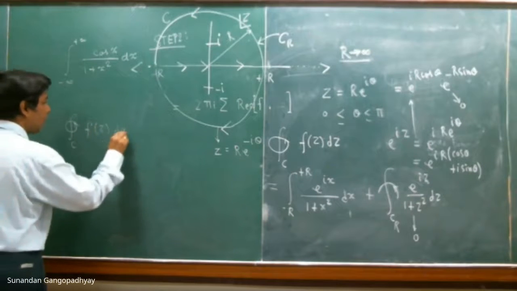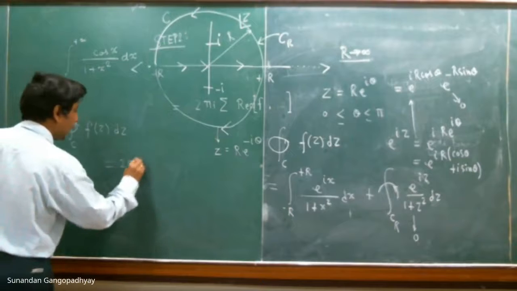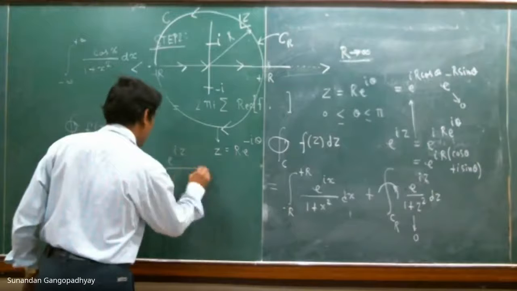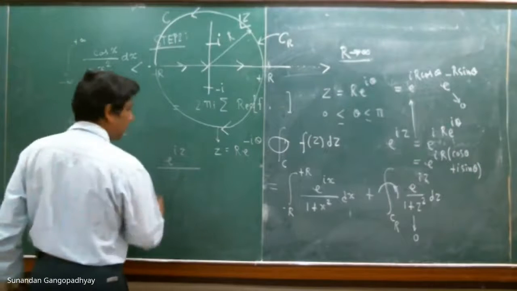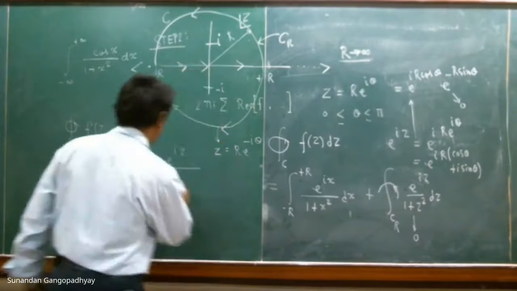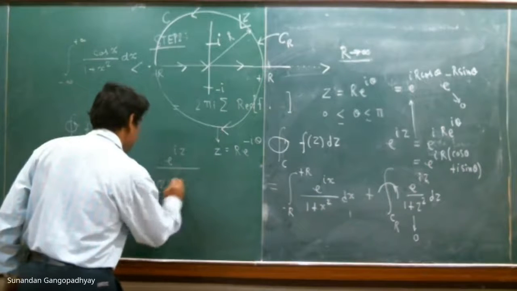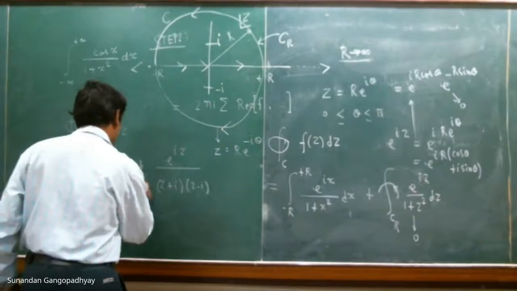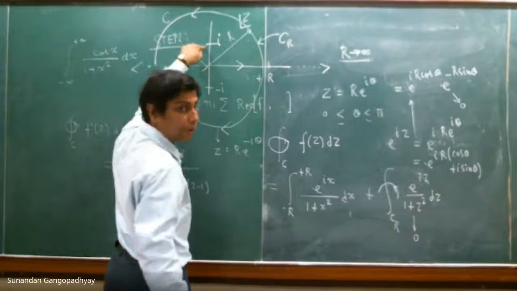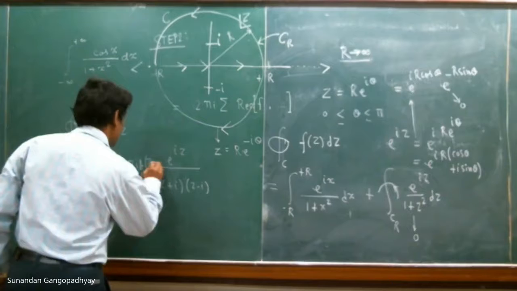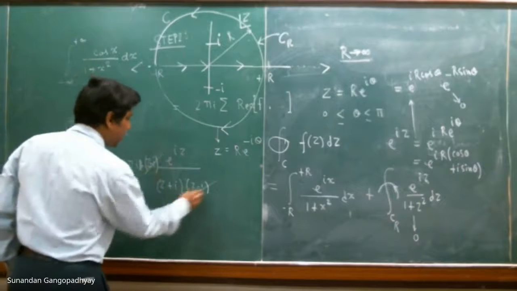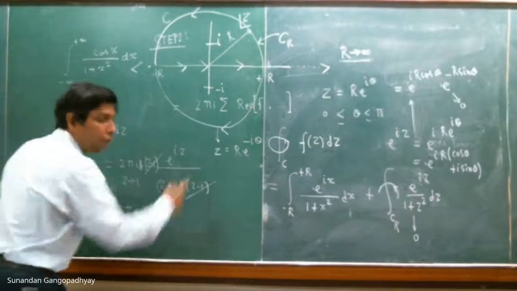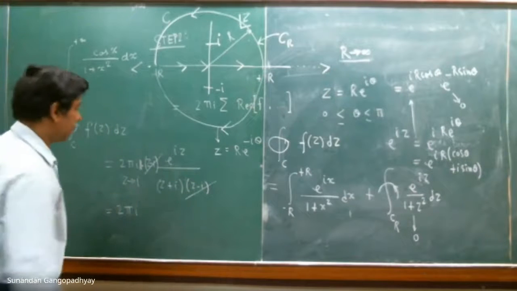So the integral is 2 pi i times the residue. The function is e to the power of iz divided by (z plus i)(z minus i), and we take the limit z tending to i, because you need to calculate the residue at the point plus i, multiplying by z minus i. The z minus i cancels. This is the formula for evaluating the residue at a simple pole.